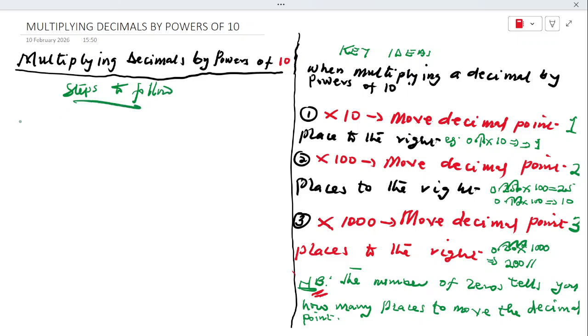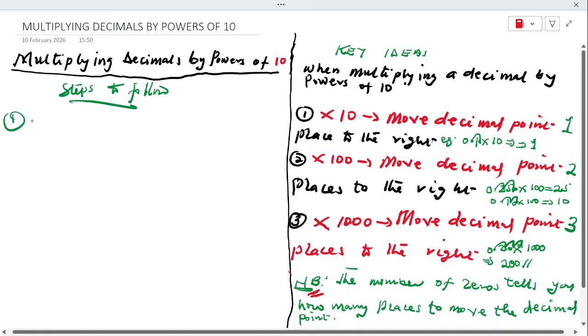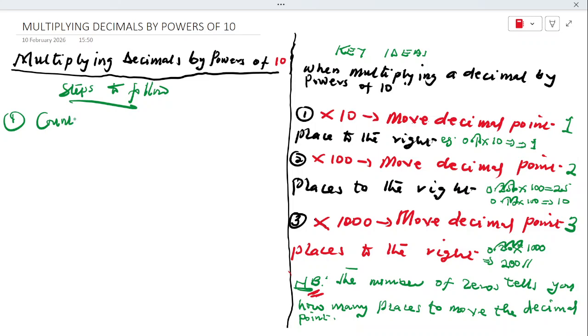So the first step is, 1, you should count the number of zeros in the power of 10 that you were given.